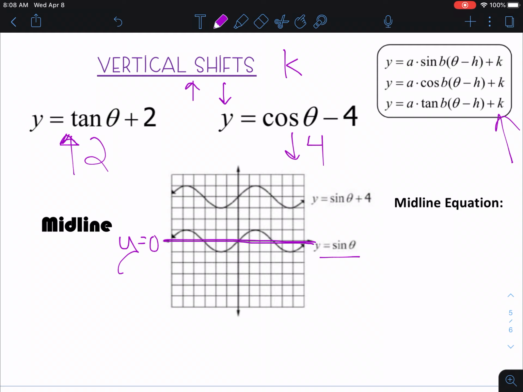So when we shift this graph with a vertical shift of plus 4, every point gets moved up 4, including this midline. Now the midline is there, and my equation for that would be y equals 4. All right, so that's everything about horizontal and vertical shifts.